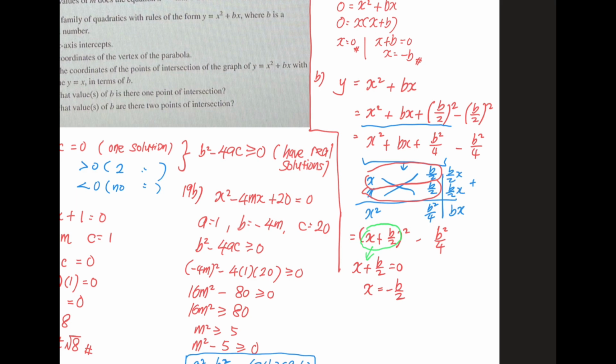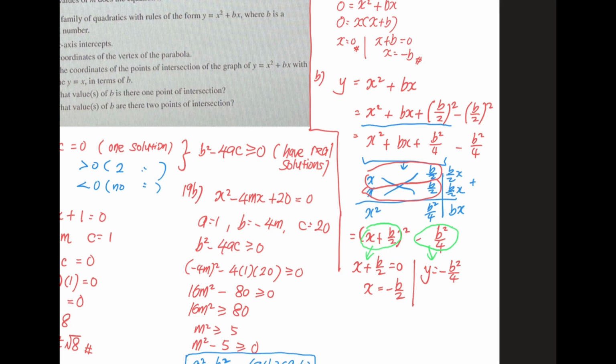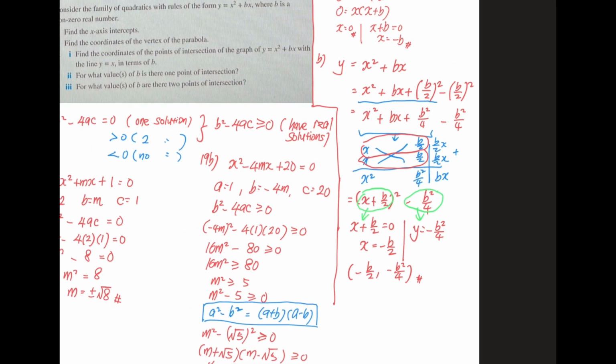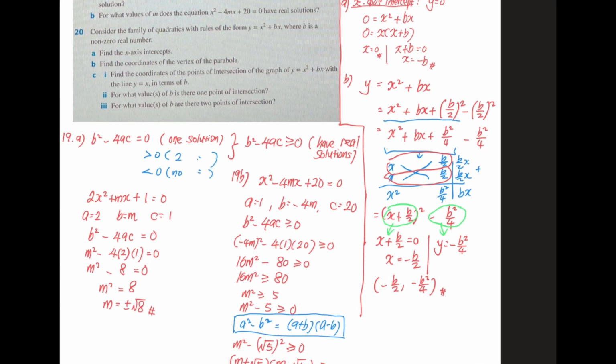This is the x coordinate of the vertex. And then to get the y, we take everything at the back of the bracket here. So this is going to be y straight away. So y is equal to minus b squared over 4. So this is the turning point: minus b over 2, minus b squared over 4. Okay, turning point, settled. And that is B.